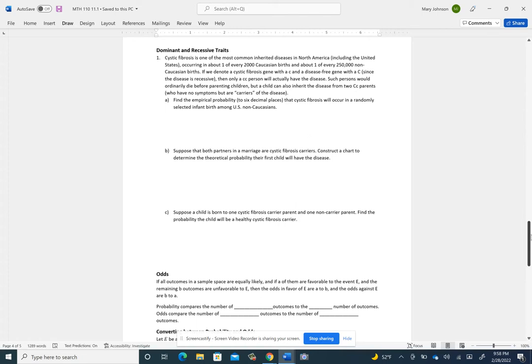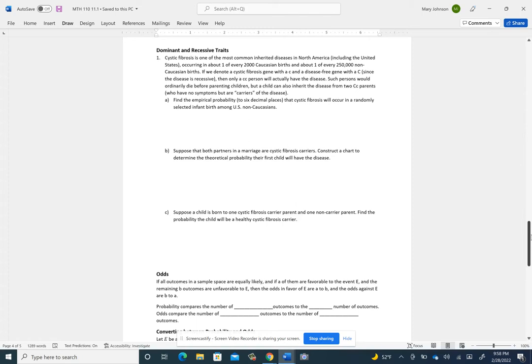It says it's one of the most common inherited diseases in North America, including the United States, occurring in about 1 of every 2,000 Caucasian births and about 1 of every 250,000 non-Caucasian births. And then we're doing a problem dealing with the genes that cause this disease.